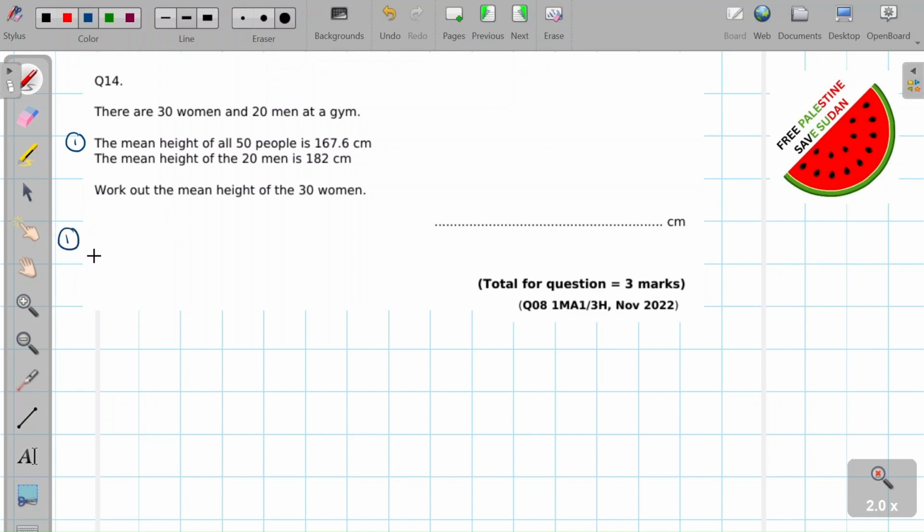So mean height of 50, so mean height of everyone, it'll be total height divided by number of people.